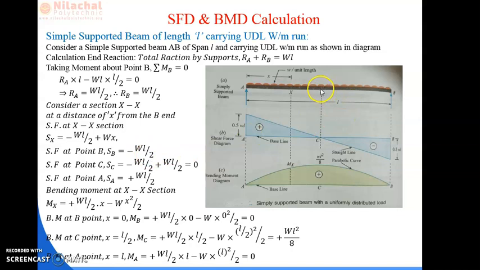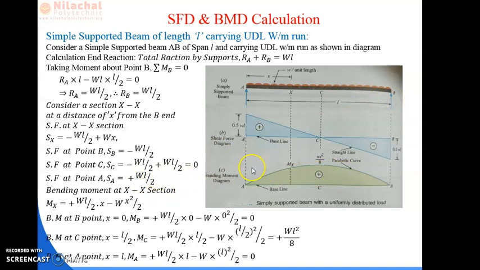If we consider a point C at the center of the beam, at this center we have Rb plus WL by 2, so it will be equal to minus WL by 2 plus WL by 2. So at point C it will be 0. Again at point A the total value will be Ra, Rb plus WL, so that is plus WL by 2.